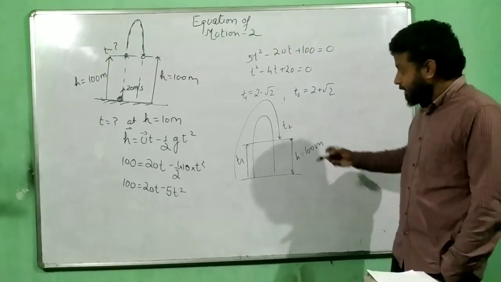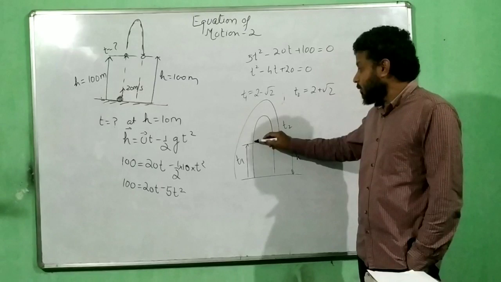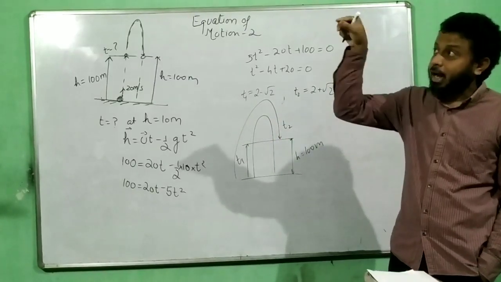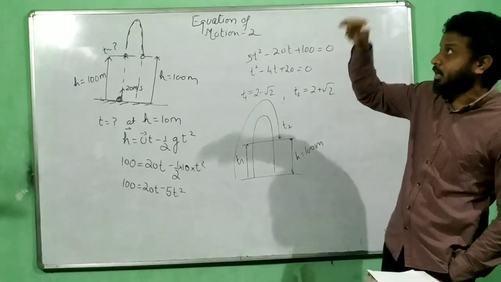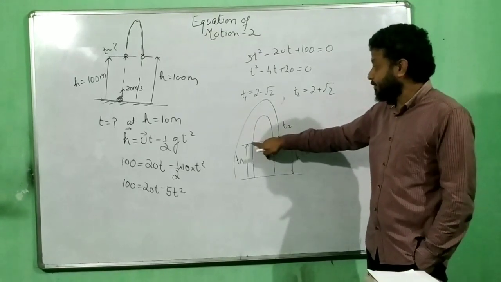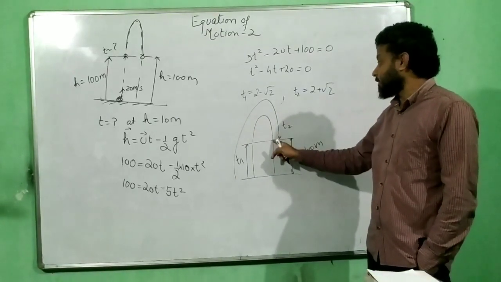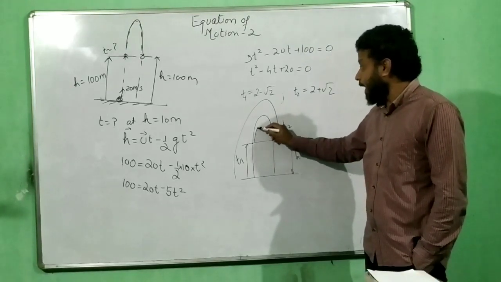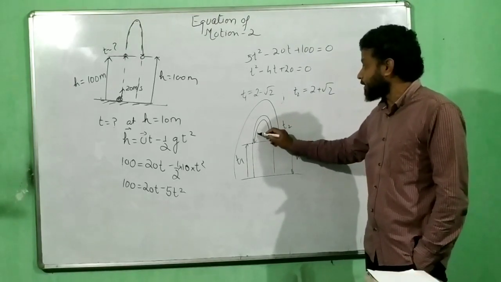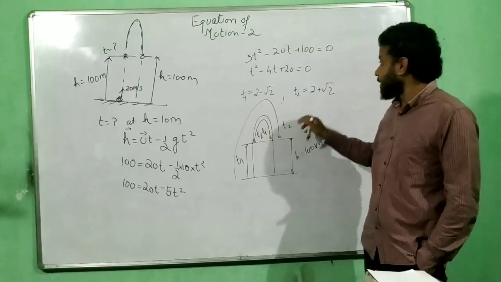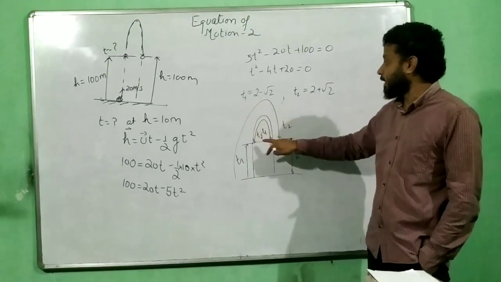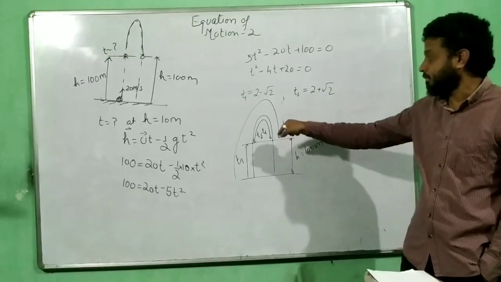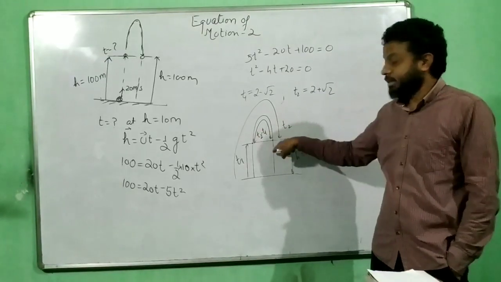Suppose somebody asks you what is the time interval between these two events, where the object appears at a height of 100 meter for the first time and then appears again after some time. That time duration I can find as t2 minus t1. That means this minus this gives the time difference between the appearance of these two events.